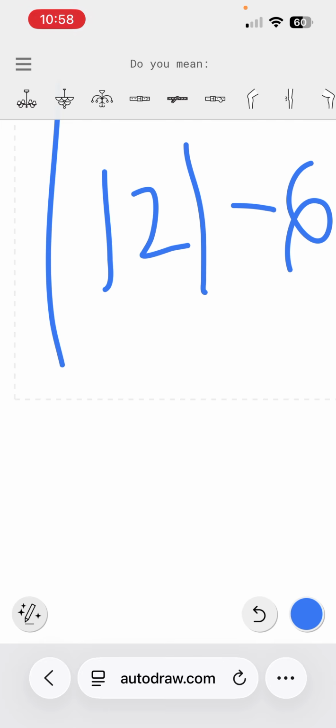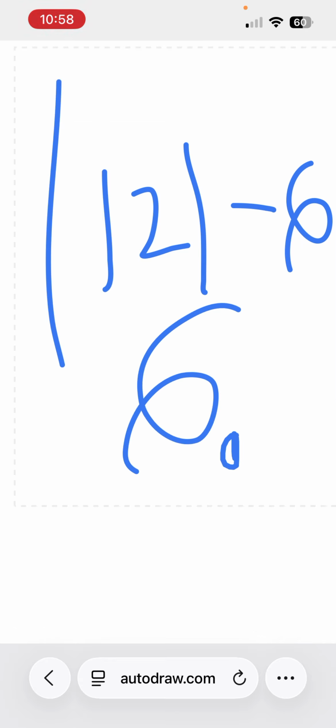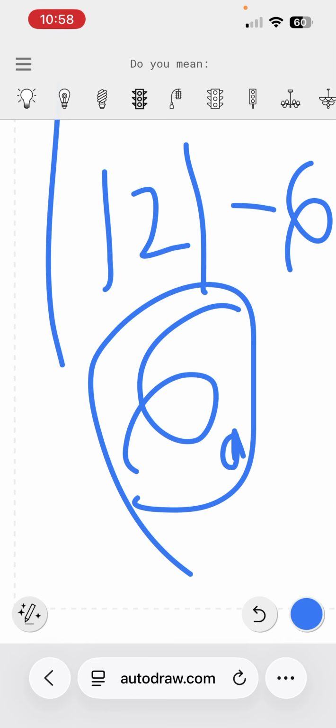So we have the absolute value of 12 minus 6. The absolute value of 12 is 12. So 12 minus 6 is 6. The answer is 6. There's your answer. And there you have it. That's how you add and subtract absolute values.